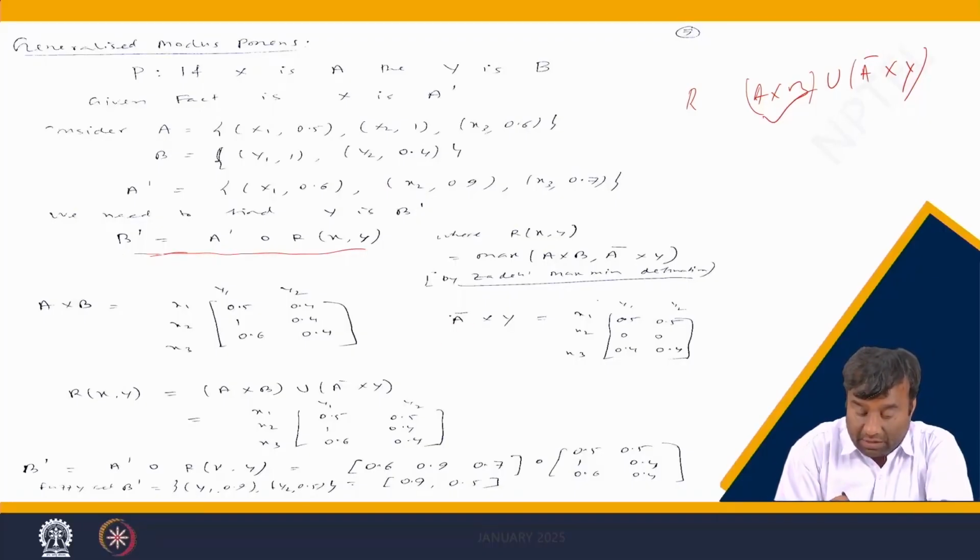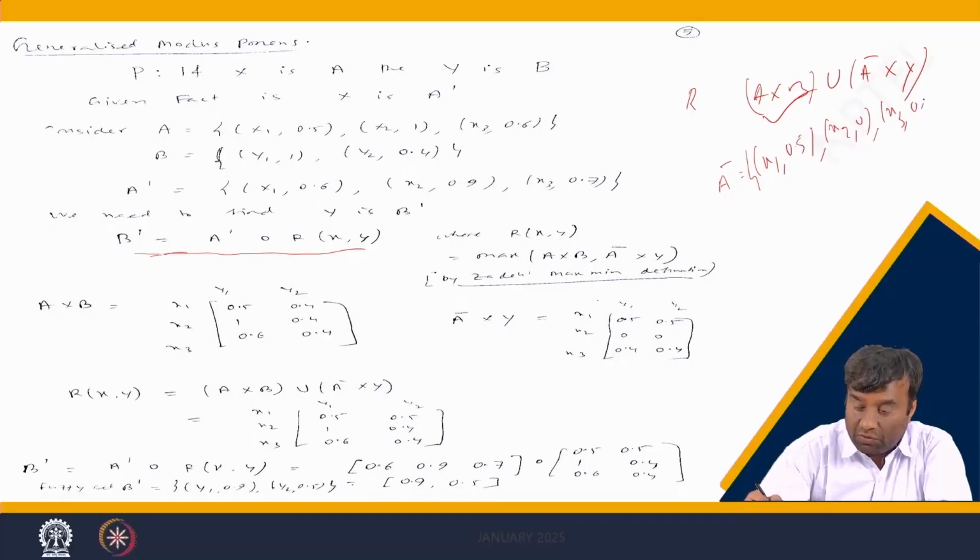Now find A complement. Here A complement will be: x1 0.5, x2 0, x3 0.4, and for y everything will be 1, that is y1 1, y2 1.